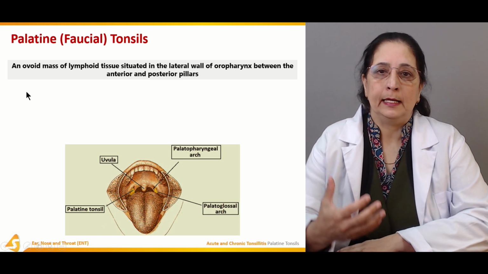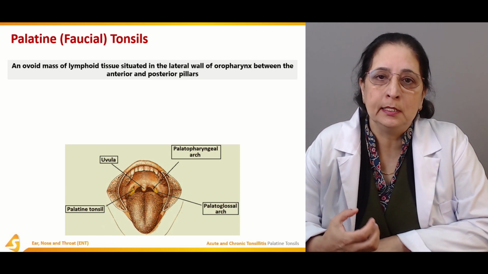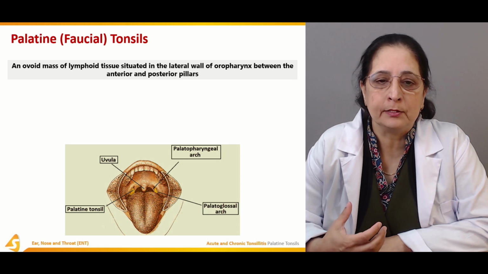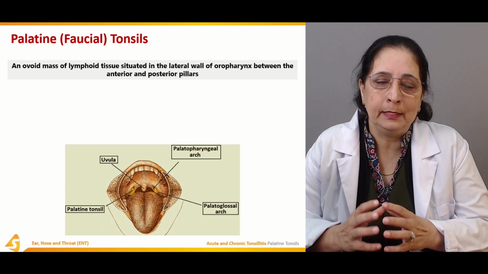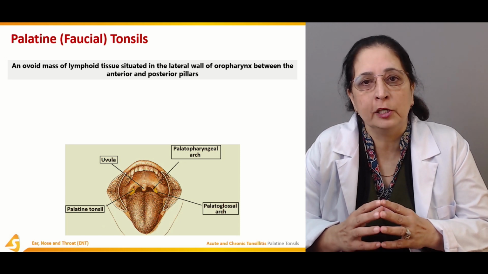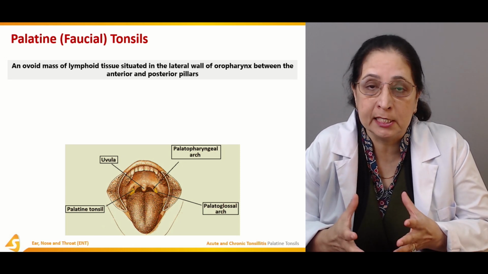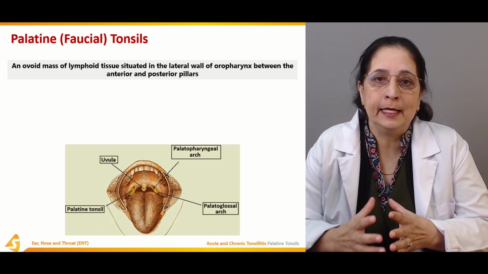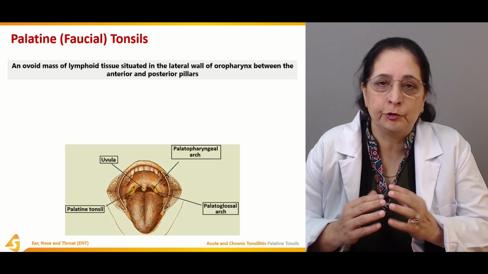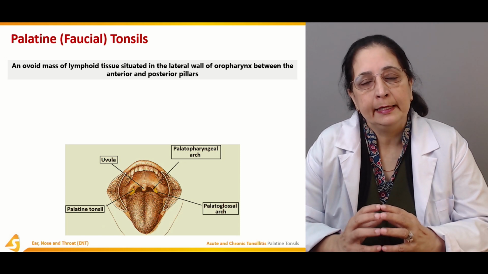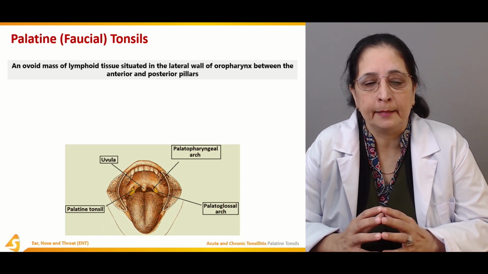What are the palatine tonsils? The tonsils are actually a mass of lymphoid tissue. And lymphoid tissue, we know the main function is in the immunity, in the protection against different microorganisms. They trap the organism and kill and phagocytize them.